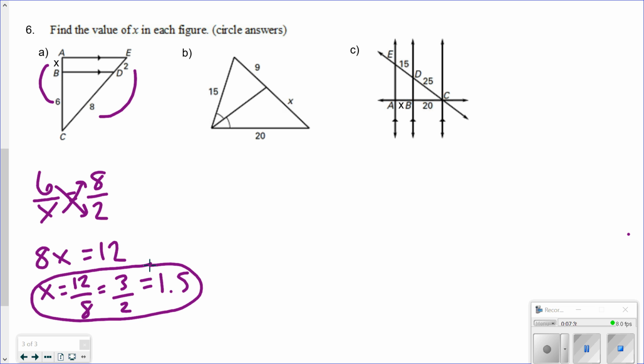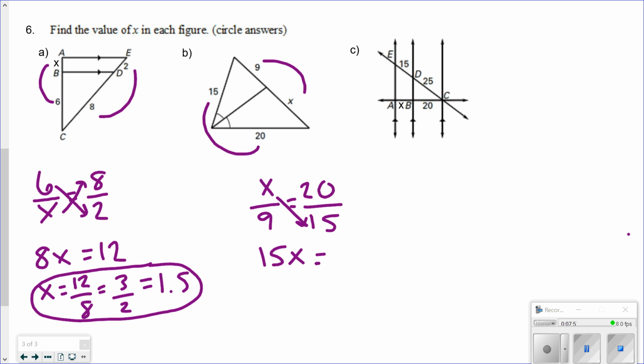For part B, I'm going to compare my sides. So I'm going to start here. X divided by 9 is equal to 20 divided by 15. Cross multiply, that becomes 15x is equal to 9 times 20, 180. Divide by 15 on each side, and we get x is equal to 12.